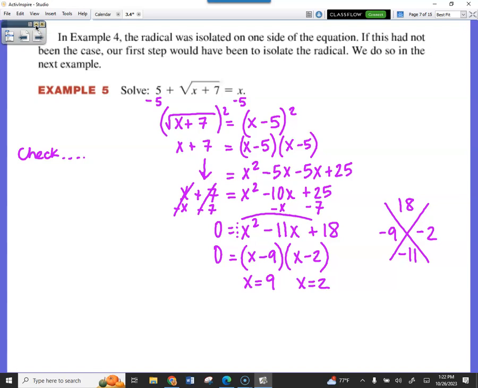It's up to you. I'm going to check 9, and then I'm going to check 2. So 9 plus 7 is 16.